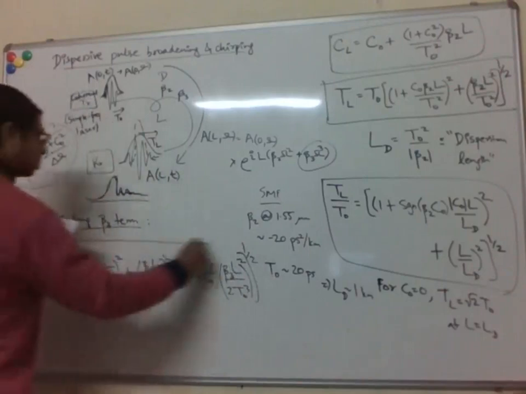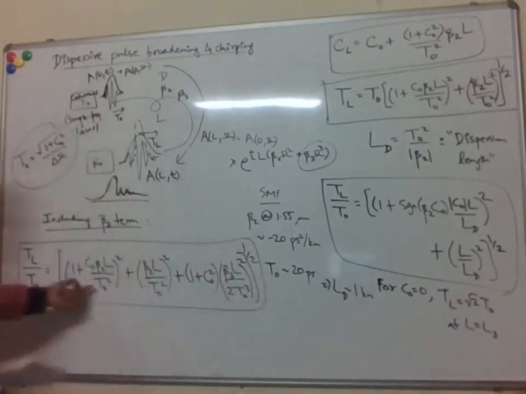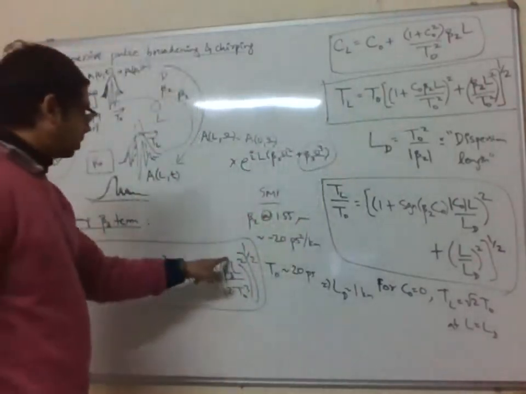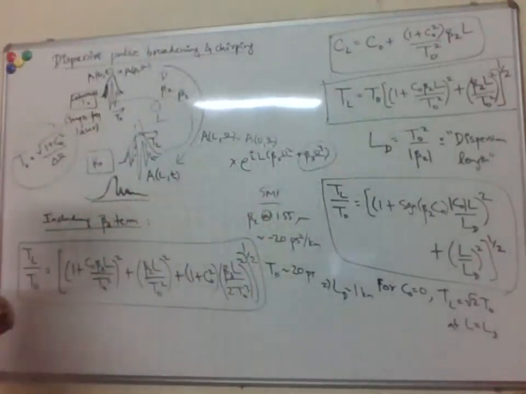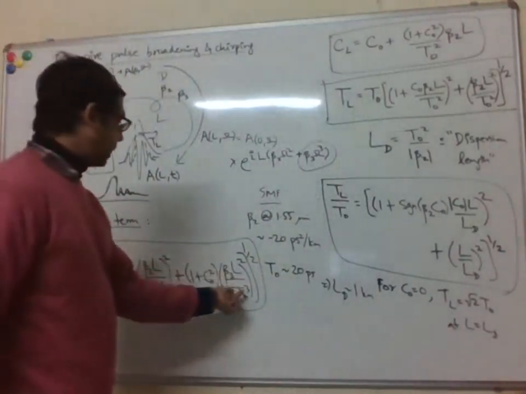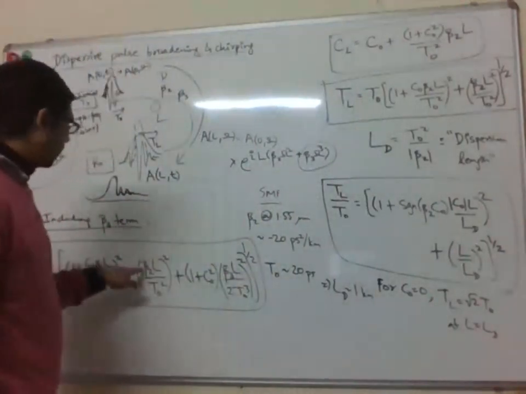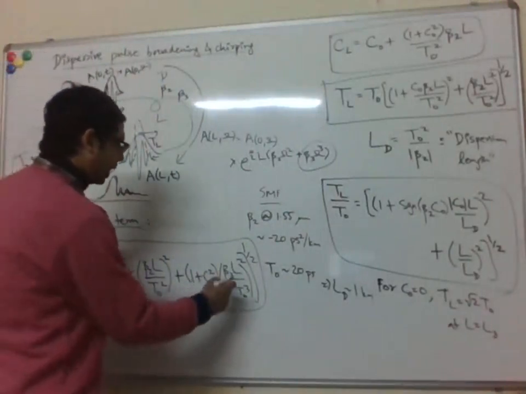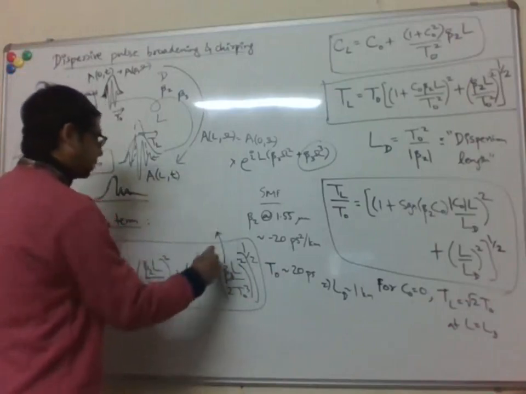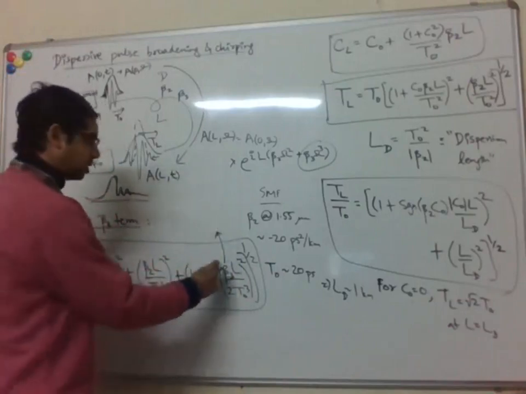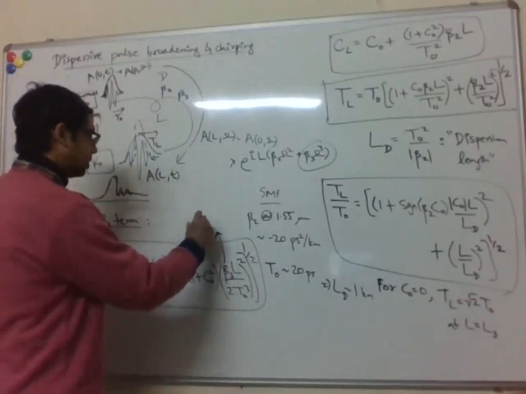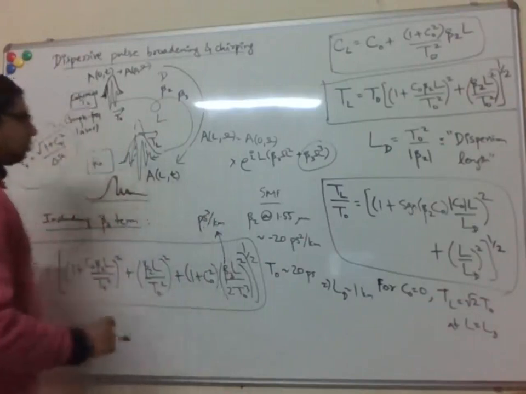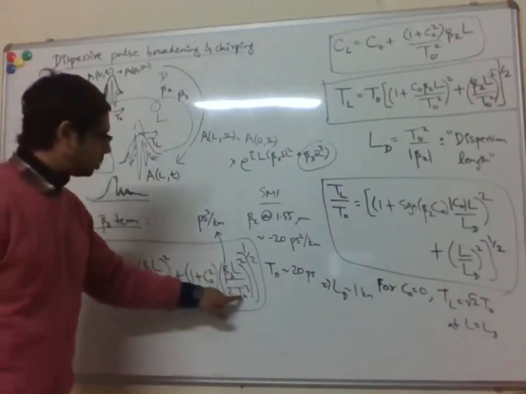These first two terms are the same terms as here. Then we get an extra term because of this beta 3, something like beta 3 L divided by T naught cube. For beta 2, we had a T naught square. Here we get a T naught cube. Why? Beta 3 is the third derivative of the propagation constant with respect to frequency, so it has units of picosecond cube per kilometer. That's why this will be cube.